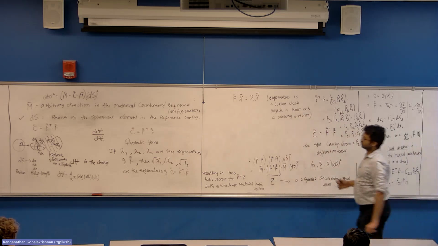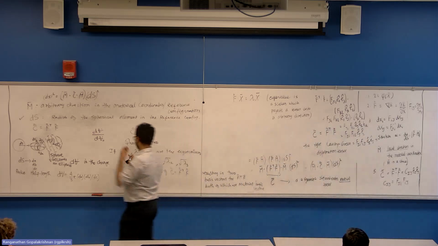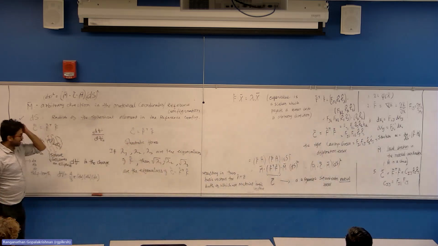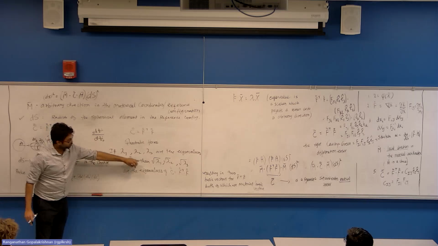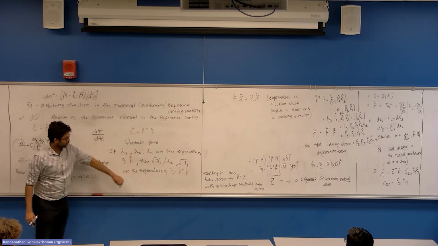Right? So if lambda 1, 2, 3 are the eigenvalues of F, then the square roots of those quantities are the eigenvalues of C.